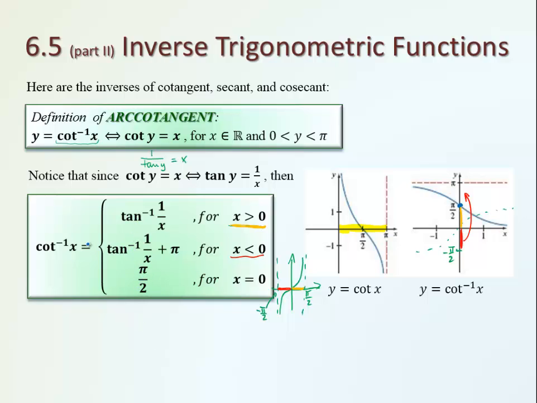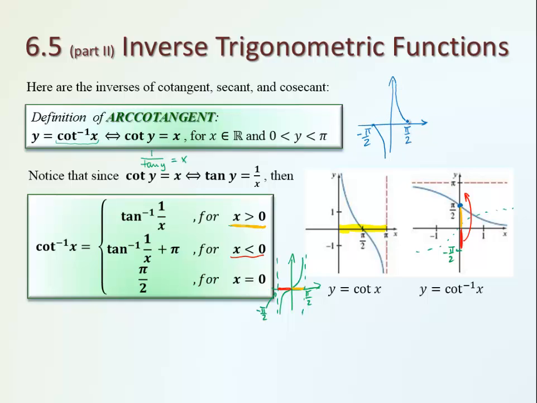Because of this problem with shifting by pi, in some of the textbooks you will find that the restricted domain of arccotangent is actually taken from negative pi half without 0 till pi half.